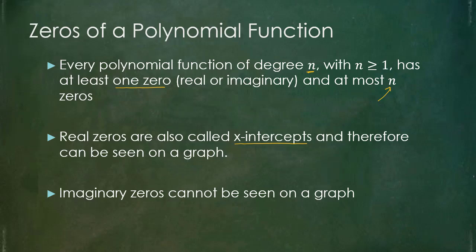Any zeros where, when I set it equal to 0, I get an imaginary solution, meaning maybe I had to use the quadratic formula and I was taking a square root of a negative number, those ones I physically cannot see on a graph. So imaginary zeros are things that we can identify algebraically, we can find what their values are. It's just when it comes to making a graph, they really don't have much of an application for what we have.